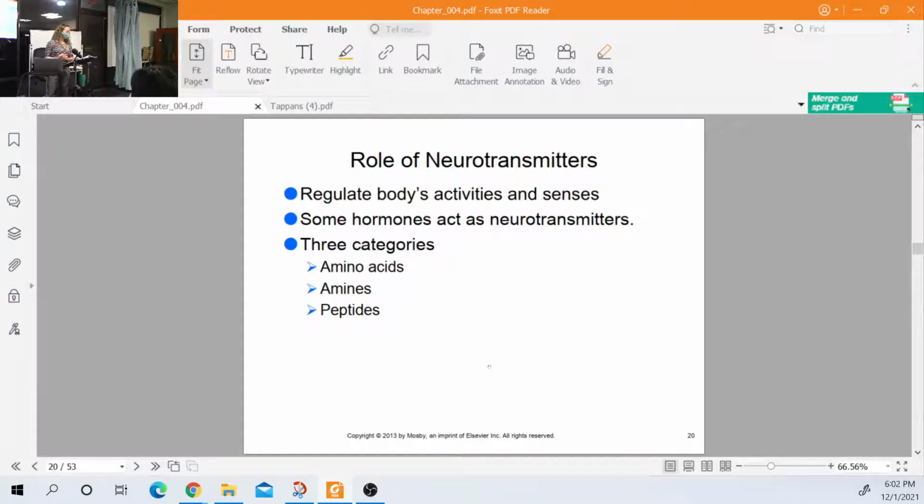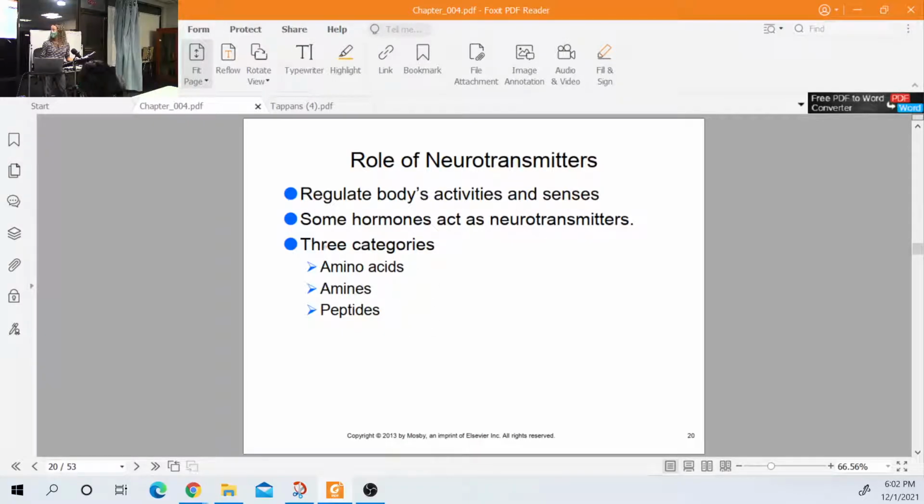Role of the neurotransmitters: 106. I've got to update my slide. 50. They've found 50 neurotransmitters so far. But anyway, they know that they can be released into the bloodstream, and of course, depending on which system's using them, they have a different name. There are 3 categories: amino acids, amines, and peptides.